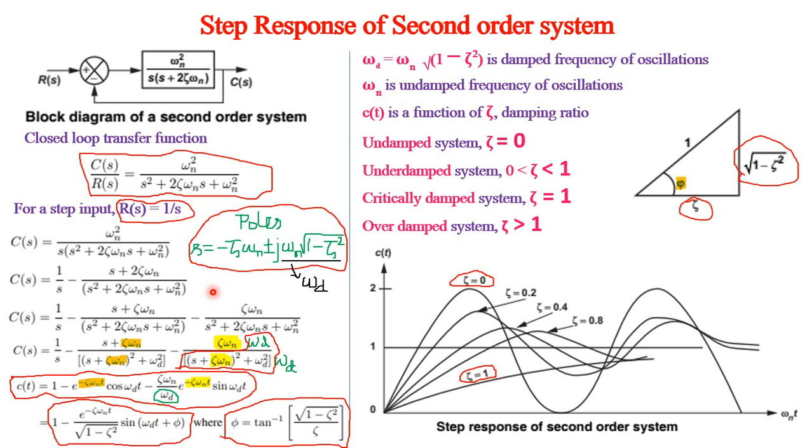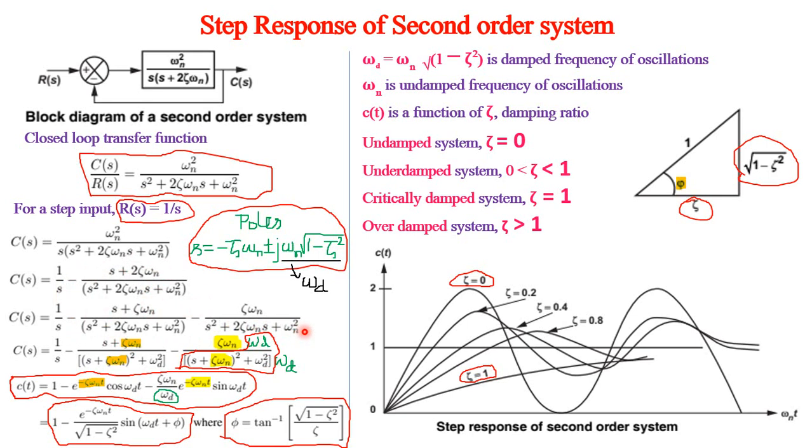If we do it in the conventional way, we will get the partial fraction residues, and finally the C of s expression. And this s plus 2 zeta omega n is broken into s plus zeta omega n plus zeta omega n. Therefore, minus s plus zeta omega n divided by this is one term. Another, minus zeta omega n divided by the same denominator, is another term.